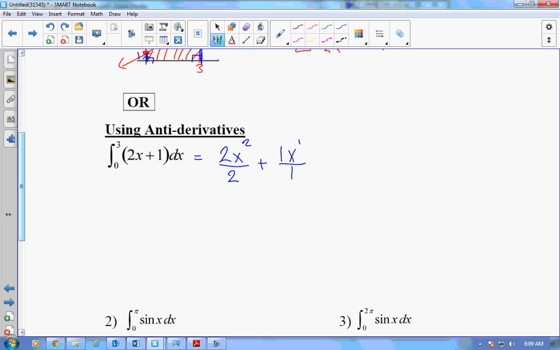Divide by 1 is still just x. But all of this, you need to put in parentheses or brackets. All of that needs to be evaluated from 0 to 3, from the given closed interval. So if I simplify, I have x squared plus x evaluated from 0 to 3.